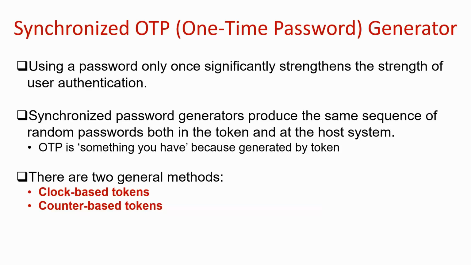And so the question here is, how do we guarantee that the number that you generate on your phone, which is generated locally, by the way, you don't have to have an internet connection to generate it, is going to match the number that the server is going to expect? Which means that the application must actually have some kind of synchronization feature. And there are two general methods to ensure this synchronization: either clock-based tokens or counter-based tokens.